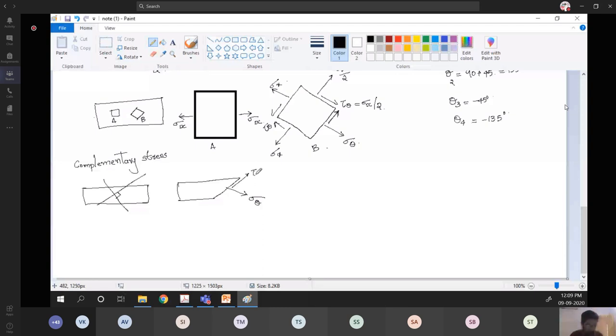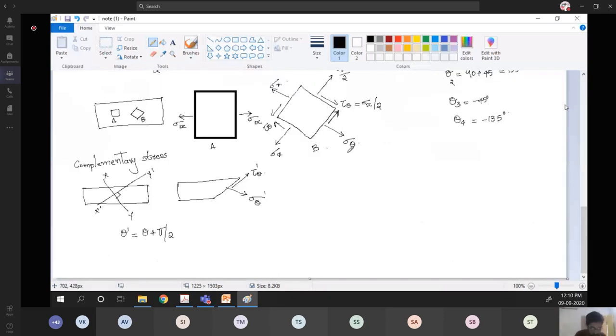And then I'm just using the notation dash to differentiate between the original one which you have defined. So how can we get it? If theta is the angle of inclination with respect to this xy, and this x dash y dash is the complementary plane, then theta dash is nothing but theta plus 90 degree. And then we need to substitute these values into our sigma theta and tau theta.